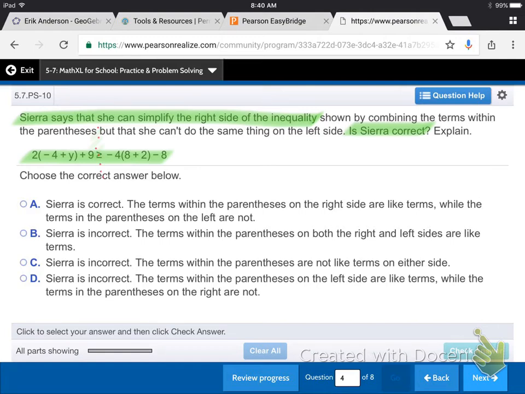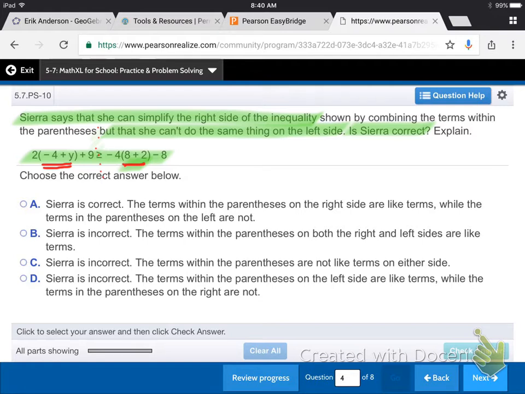She says she can simplify the right side by combining terms within the parentheses. She can add those numbers together for her first step. But she says she can't do the same thing on the left side. So inside these parentheses, she says she cannot add up those terms.